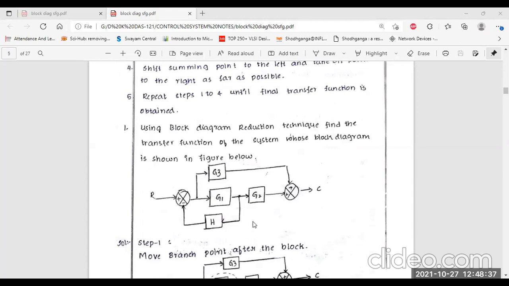But when you are given a problem, you will be given this type of figure, where you have to use the different block diagram reduction techniques. Then you have to calculate the transfer function.